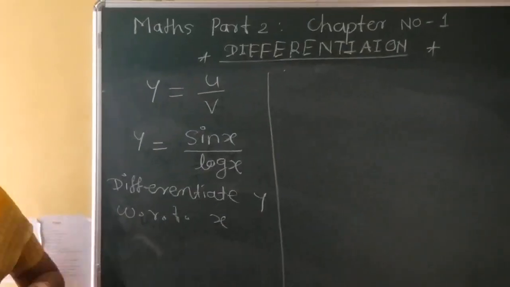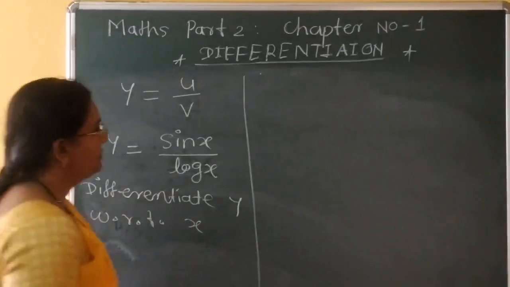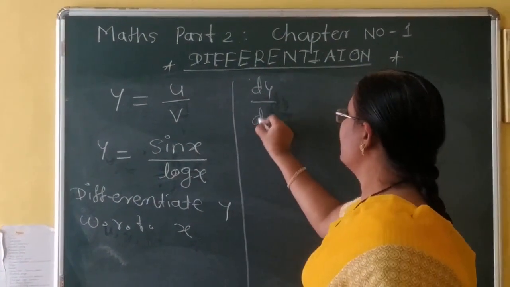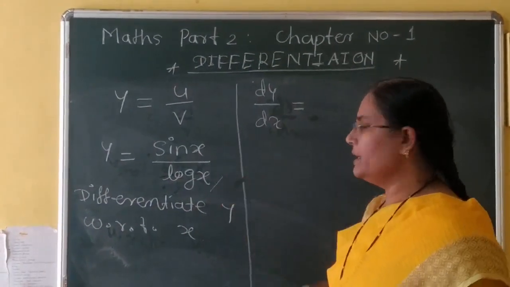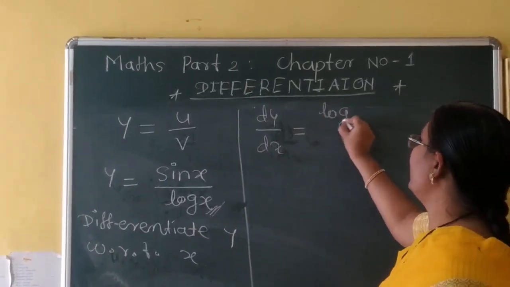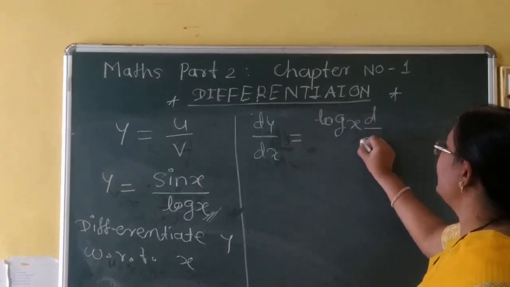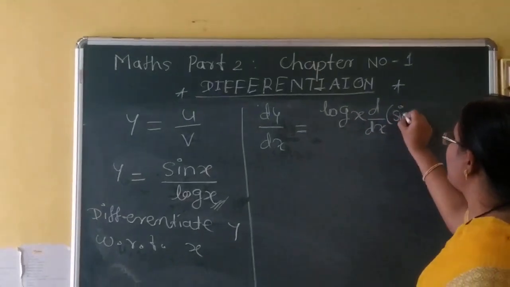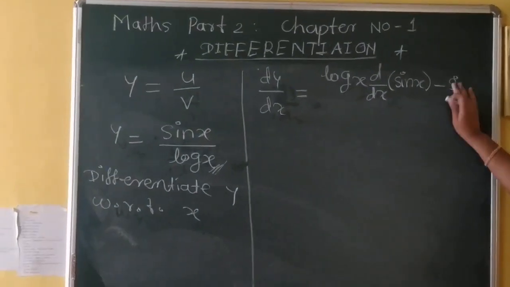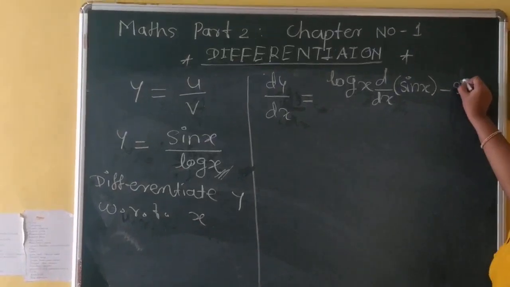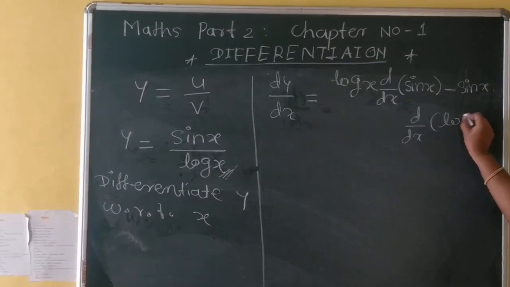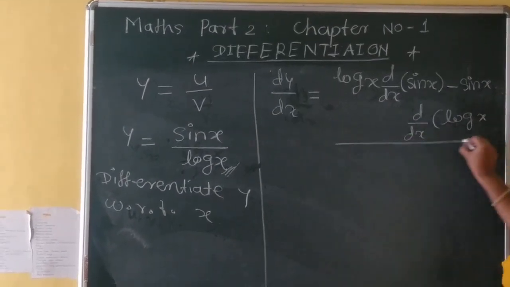We get dy by dx is equal to: keep the denominator log of x as it is and take the derivative of sin x, minus keep sin x as it is and take the derivative of log of x, divided by v square.